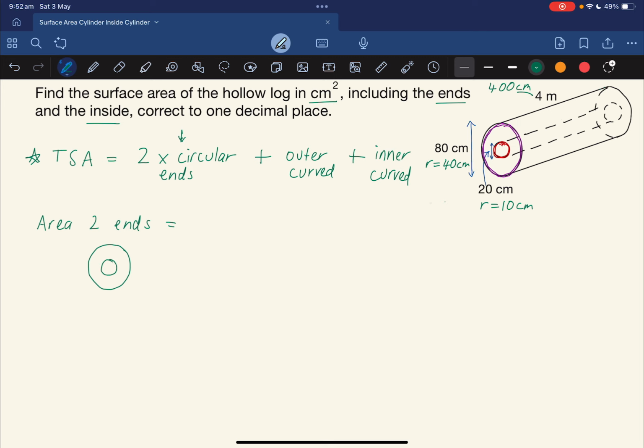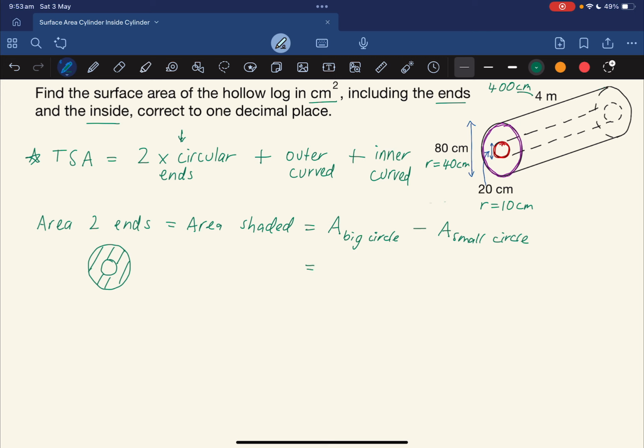Now maybe in year 8, you might have seen area of shaded shapes. How to find the area of a shaded shape. Think back to that. So area of the 2 ends is area shaded, which is just area of big circle, take area of small circle, because you're cutting out the small circle, so you take it away.